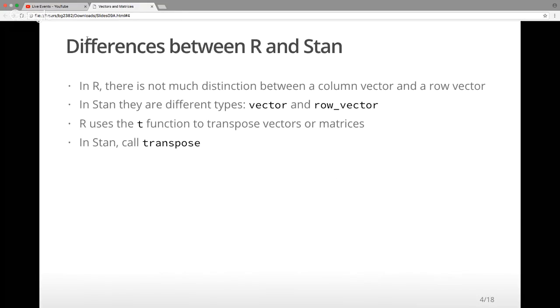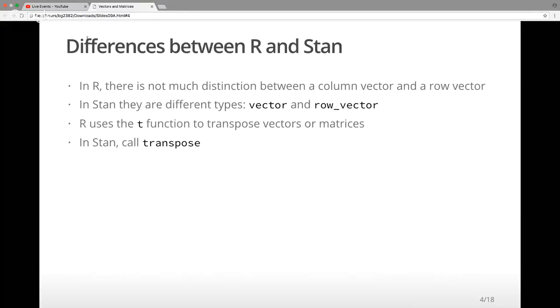So there are some differences between how R and Stan handle vectors and matrices. A lot of the Stan stuff in this regard is inspired more by MATLAB than by R. In R, there's not that much of a distinction between a column vector and a row vector. Indeed, a lot of things in R can be considered a vector.